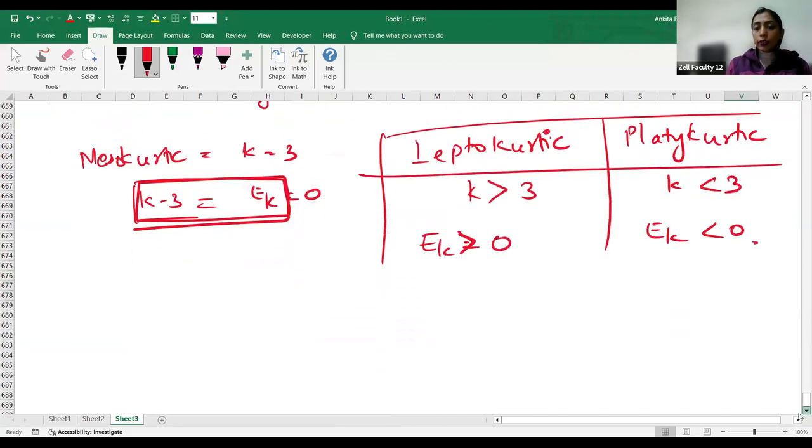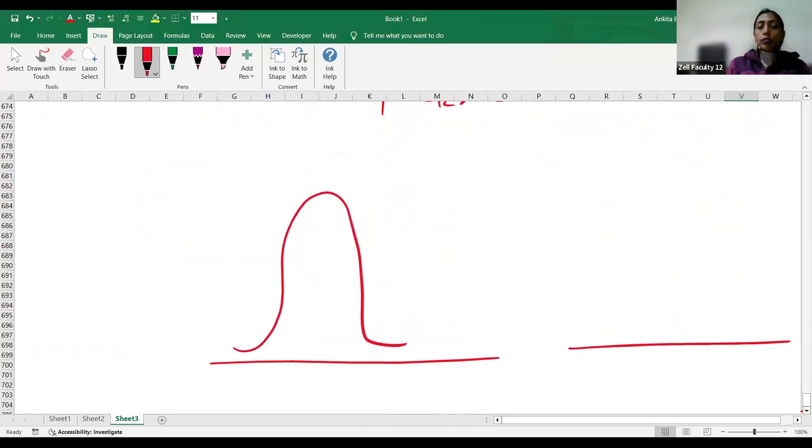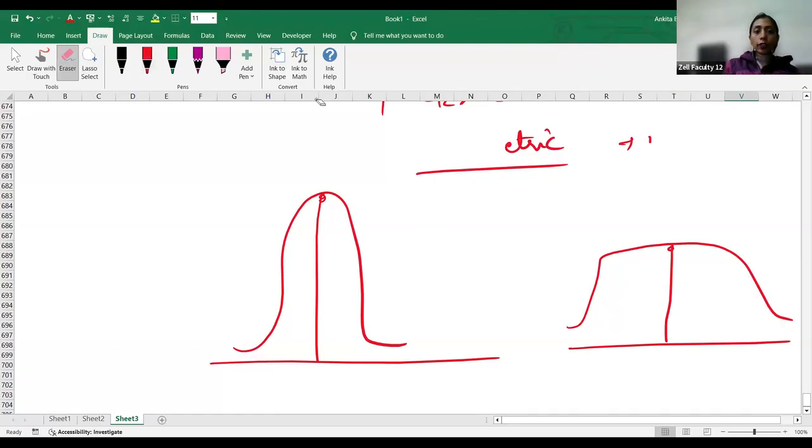See here, if I draw the platykurtic curve and the leptokurtic curve, they both are symmetric distributions. First of all, we are talking about symmetric distributions, and we are not talking about non-symmetric. Okay, so here we are talking about the symmetry.